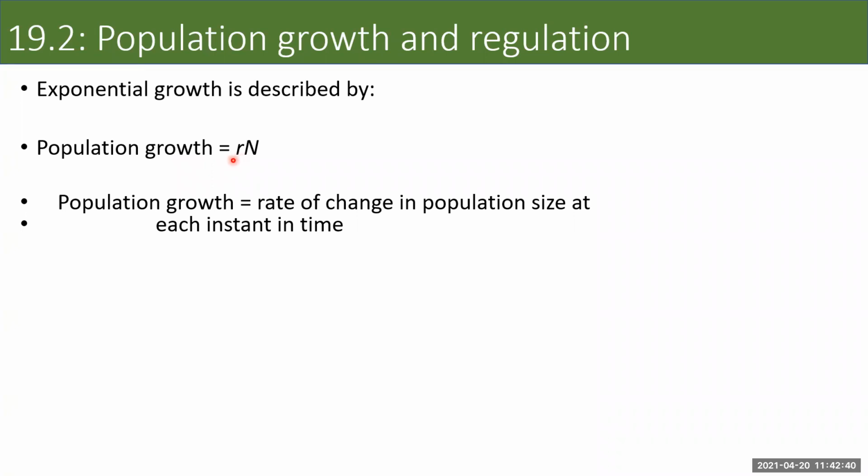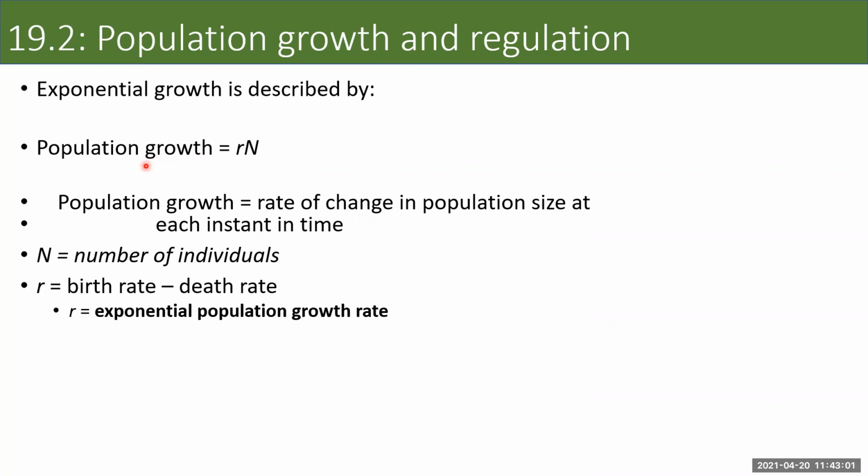Now we can model exponential growth by taking your population growth rate, which is r, and this is just the rate of change in a population at each instant in time, and you multiply that rate of change by the number of individuals. That will tell you your population growth at each time step.